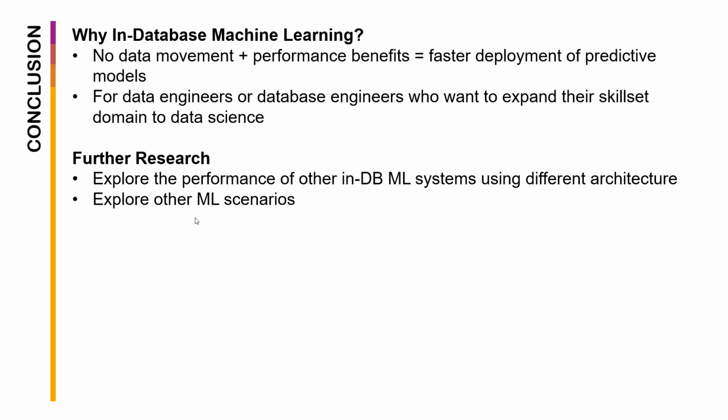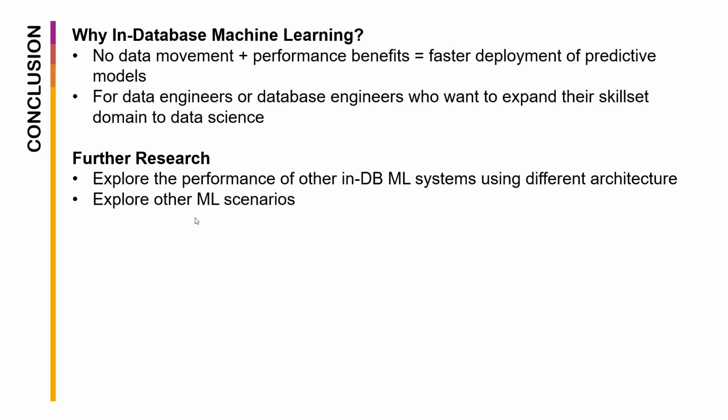One is of course that we used SAP HANA in this experiment, and it's just one among the in-database machine learning architectures that was presented. So it would be better to explore the performance of other in-database machine learning systems by using other databases, open source or commercially available.